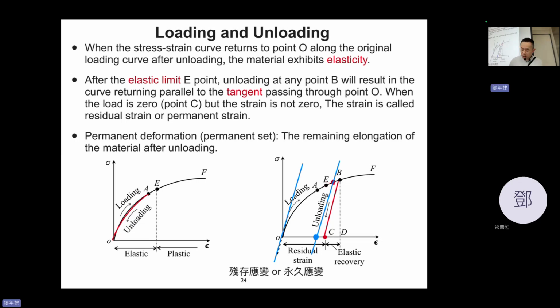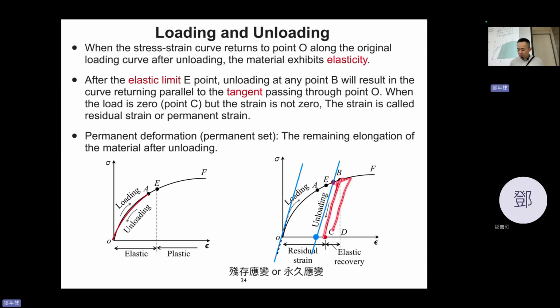overpass the elastic limit, when you unload, it will follow the tangent line, really similar to the initial slope, and go back to a point that is not at the origin, somewhere here, and the strain in this distance is called a residual strain, and it will increase when you start loading again and push further to the point, and then follow the same rule.